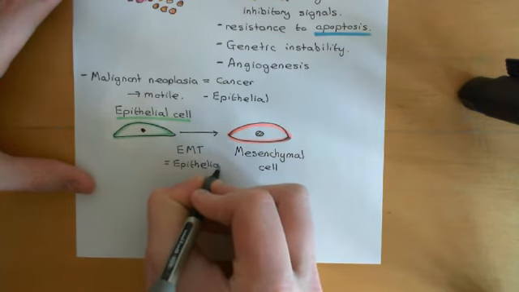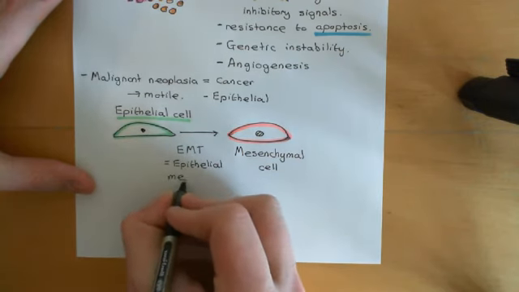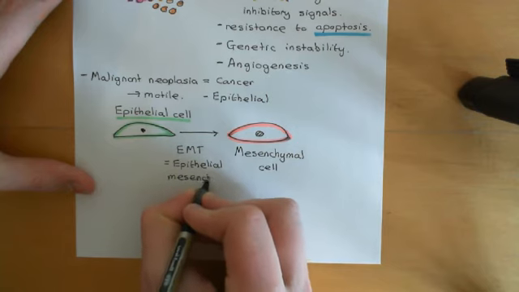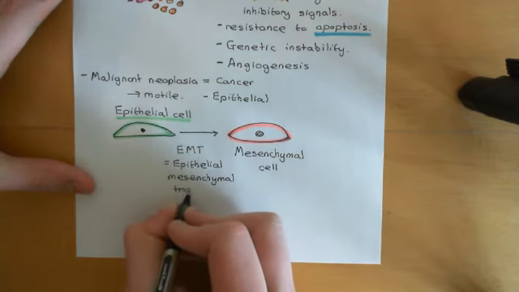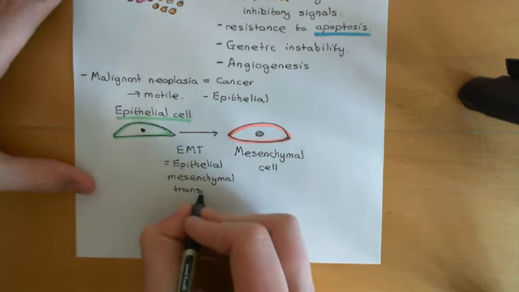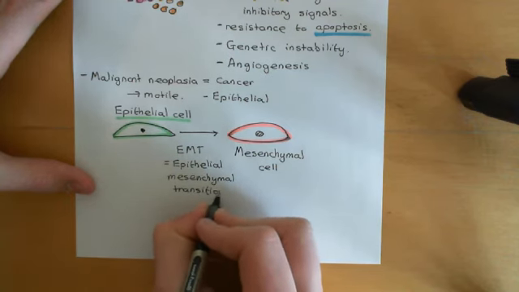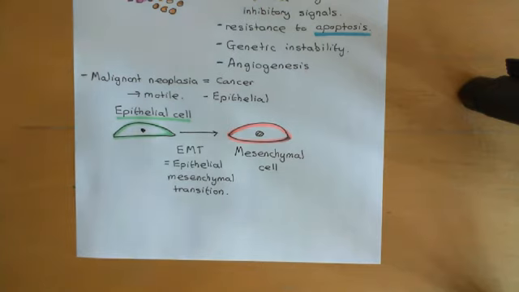The E is for epithelial, the M is for mesenchymal, and the T is for transition. So in embryology, if an epithelial cell wants to move around, it firstly needs to undergo epithelial mesenchymal transition, EMT, become a mesenchymal cell, and then this mesenchymal cell is motile and can move around.